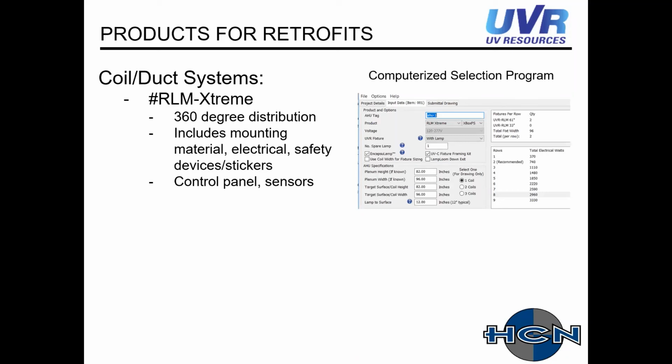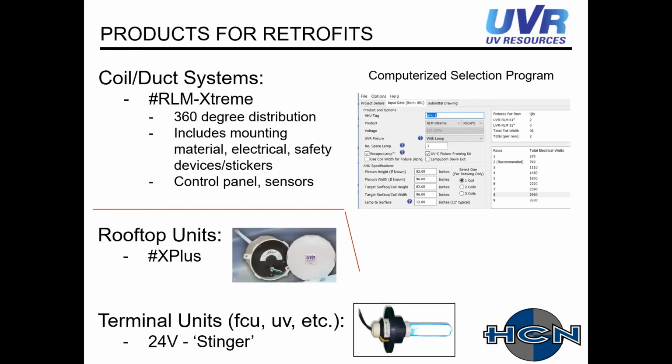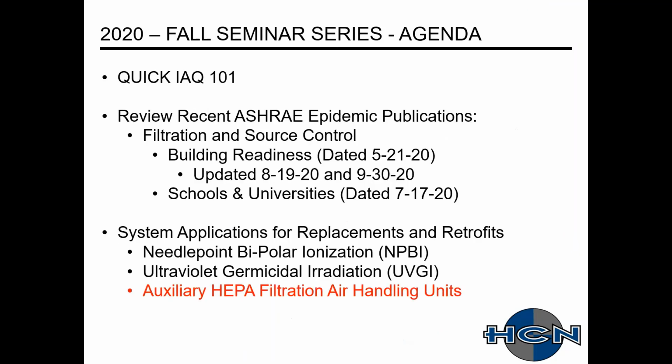You can input your CFM and your face area, and it's a little bit small, but basically the program will spit out a few different choices for how much UVC light you want for your output. Two other, smaller devices: they have a stick one for rooftop units called an X Plus. They also have, for smaller terminal units, a 24-volt Stinger, shown in the picture right there. All right. Okay, so last couple slides.